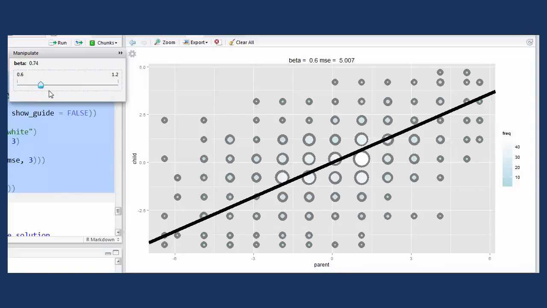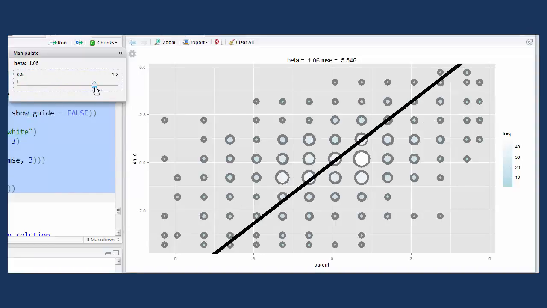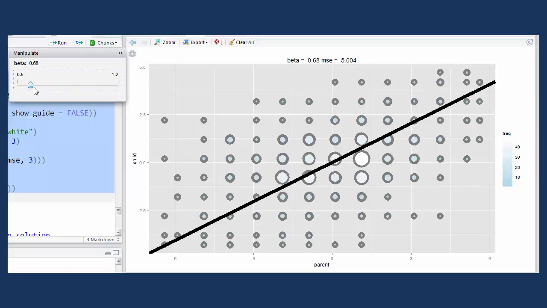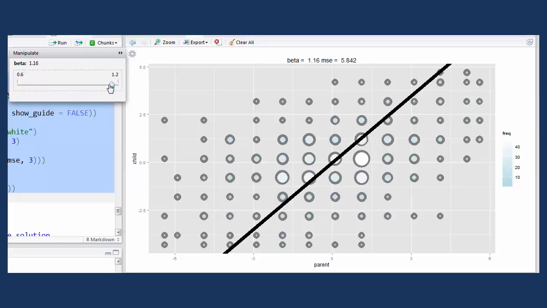0.6 doesn't look so bad. Let's move it to one that's not so good. Okay, the mean squared error has gotten a lot worse, right? So it went from 5.004, say at 0.68. Now let's move it all the way up. Now it's at 5.8.